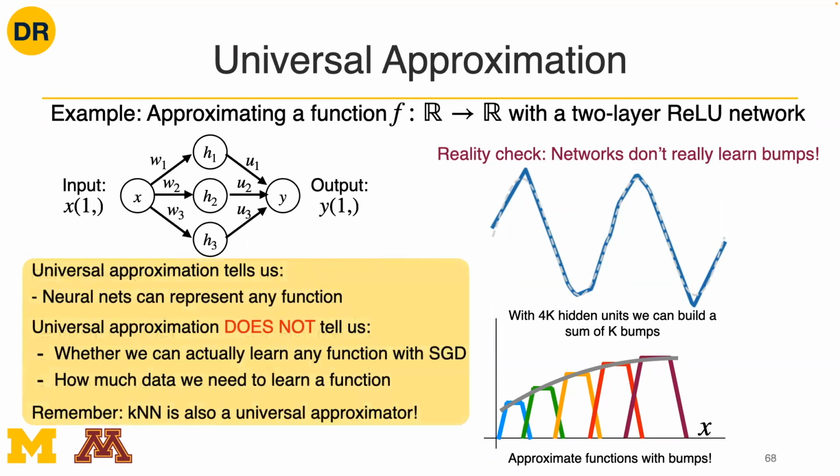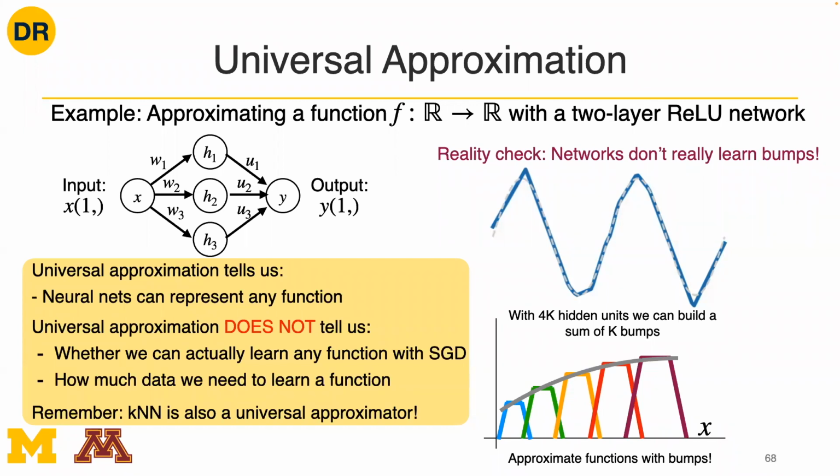The other thing that's important to remember is that while this universal approximation theorem is the case for neural networks, it doesn't tell us, for a given problem we're interested in, how many hidden units we actually need to represent some given function to arbitrary precision. In addition, it doesn't necessarily tell us that if we train a neural network with stochastic gradient descent or some other optimizer, we will actually arrive at an arbitrarily precise approximator of the function we're interested in.